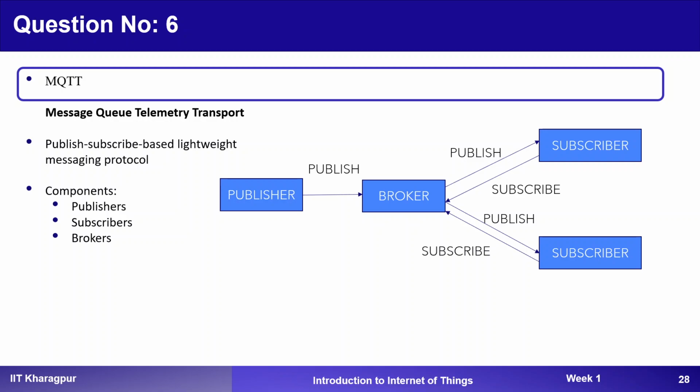Options are XMPP, AMQP, CoAP, and none of the above. To answer this question, you have to know the components of these three protocols. So can anyone please tell me what is the correct option? Anyone?